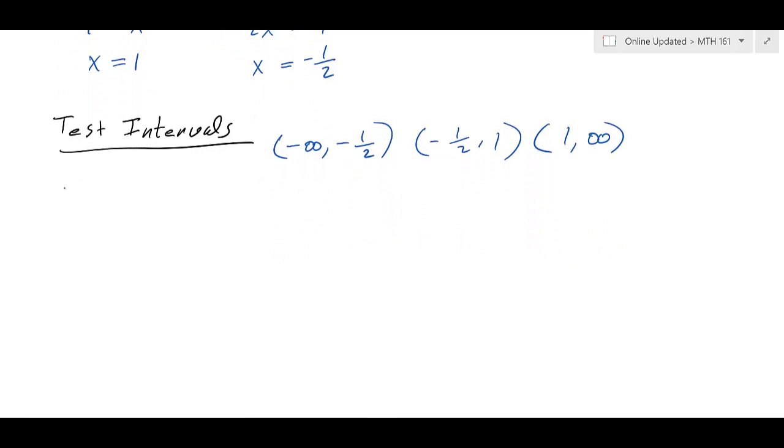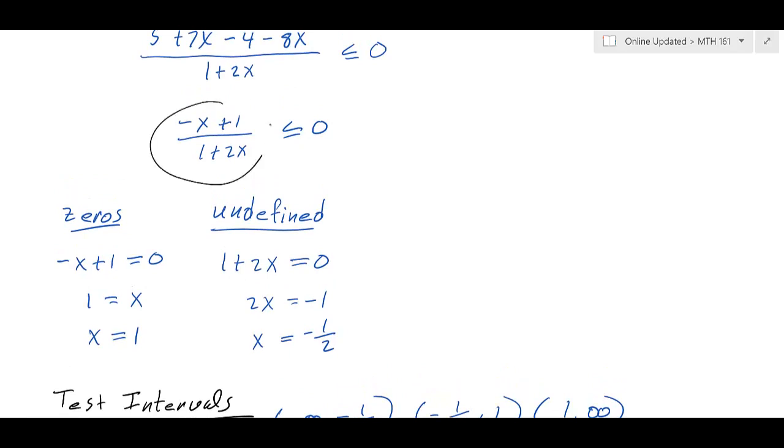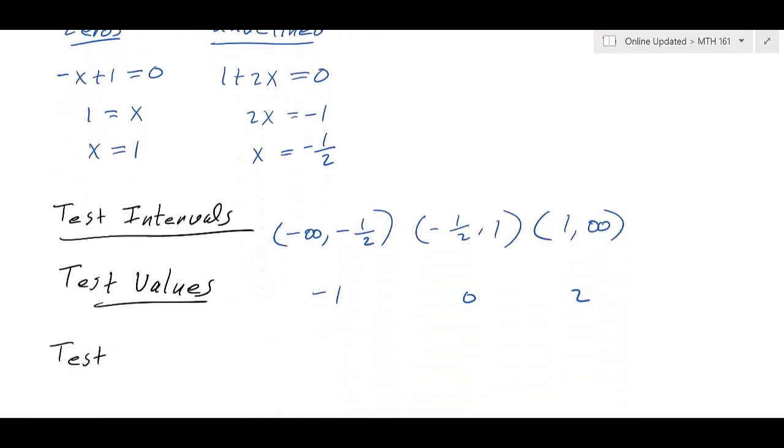And then we could identify what we're going to use for our test values. I'm going to use negative 1, 0, and 2. And then we need to test this to find the value of the rational expression. So again, up here we need to plug it into this here, negative x plus 1.